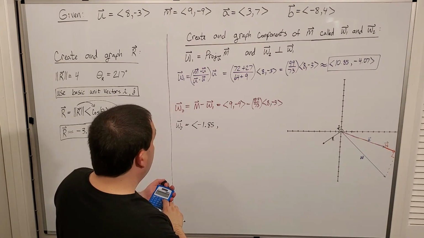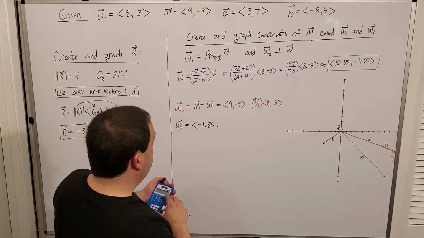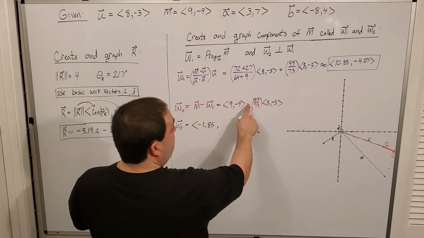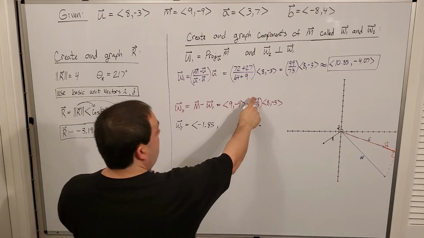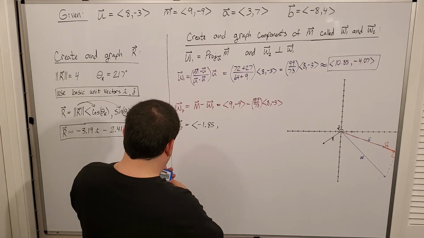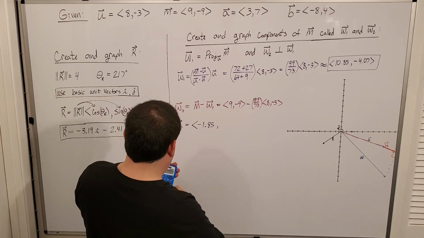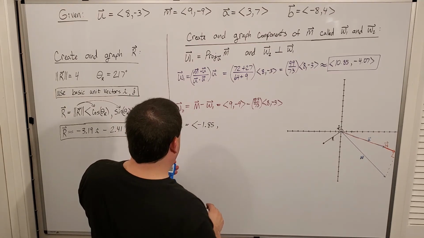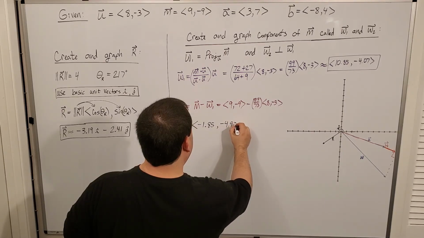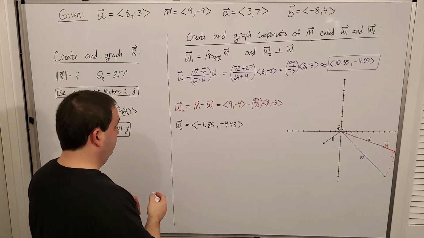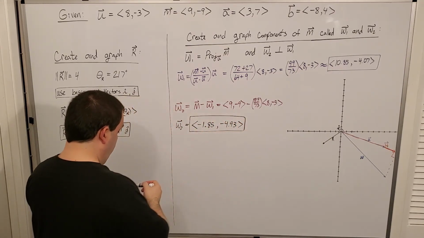And then same thing, but now it's negative 9, negative, so plus, right? 99 over 73 times 3. So I get negative 4.93. Like so. So there's the W2 vector.